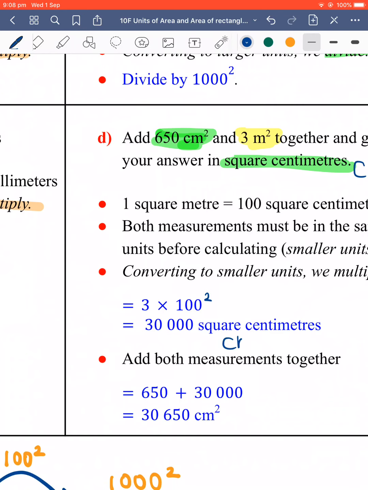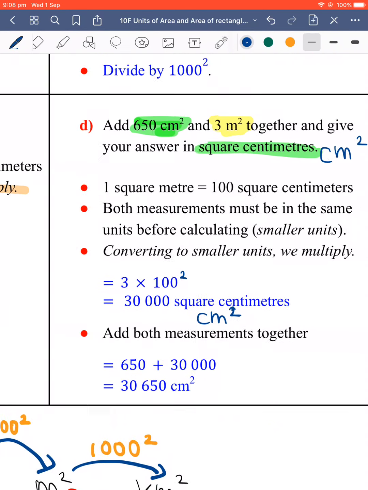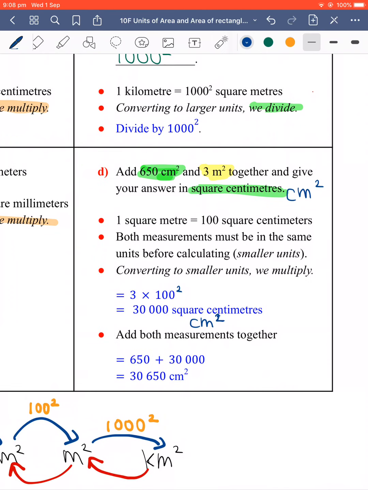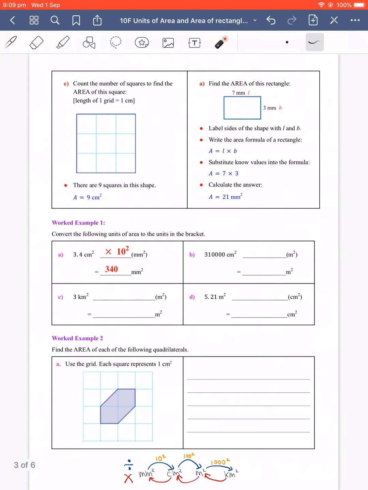I could also write it like this: 30,000 square centimeters. And then to find my answer, which is my area, because I want to add them together, I'm going to add both of them. So now I've got 650 and 30,000. So my answer is 30,650 centimeters squared. Bit of a mouthful, but you will get it.